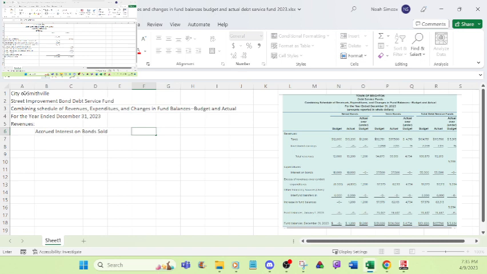The budgeted revenues would be 62, and they're going to be exactly the same. The budget did not differ at all from actual.